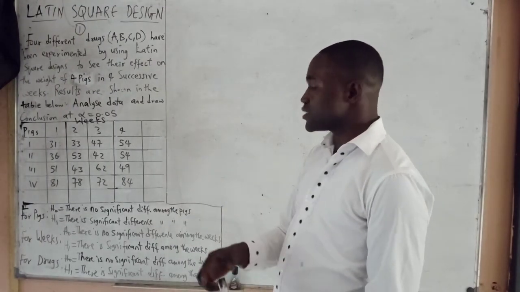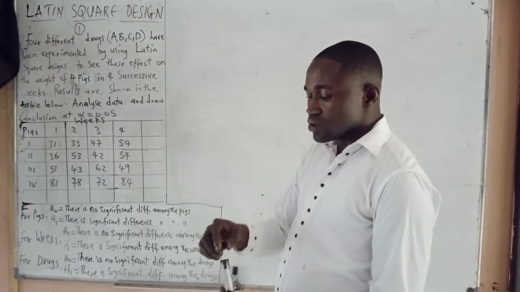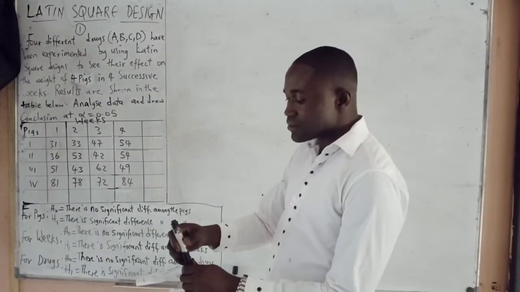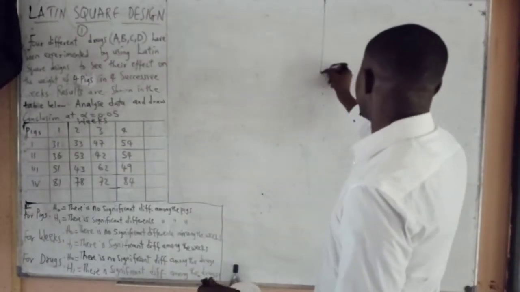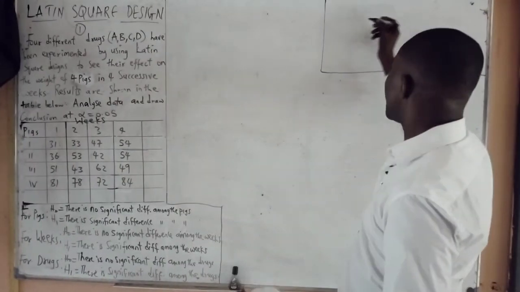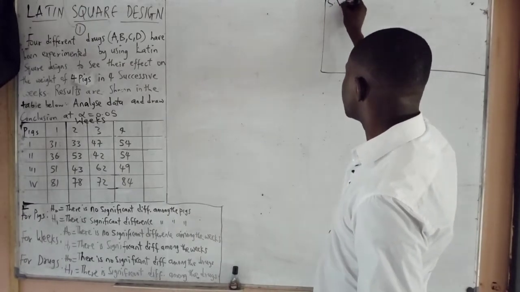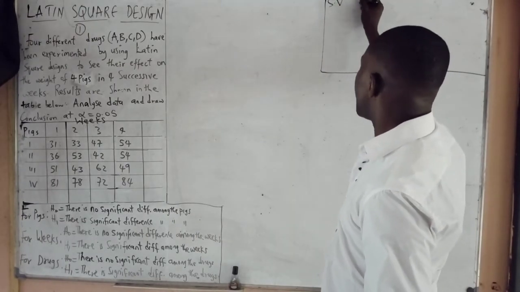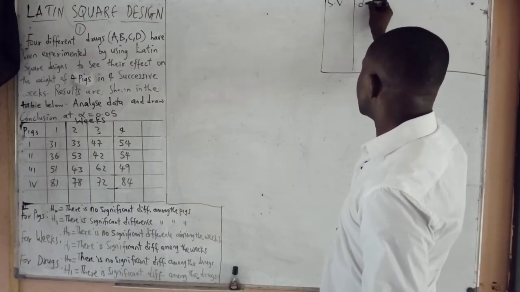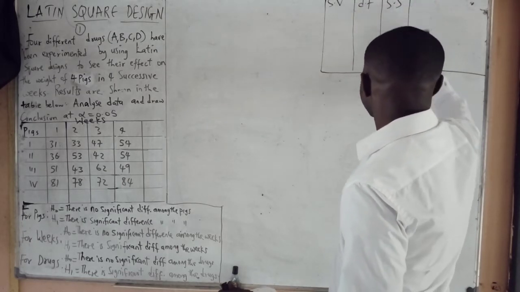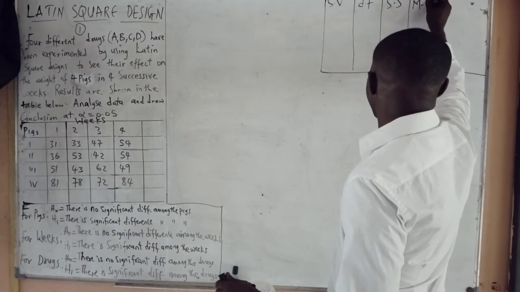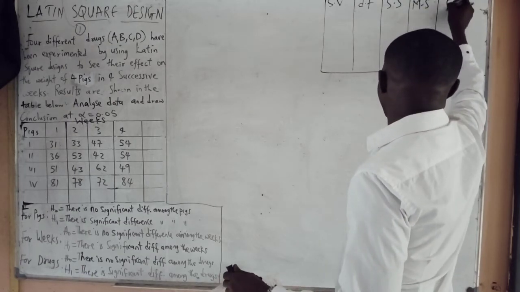Before you solve it, you must know this Latin square design table, which starts with source of variation, degree of freedom, sum of squares, mean of squares, and F ratio.